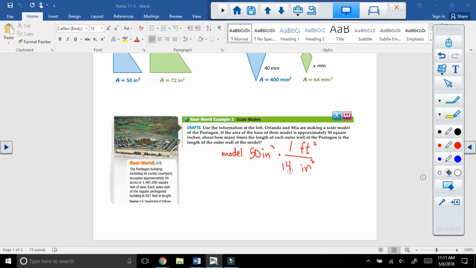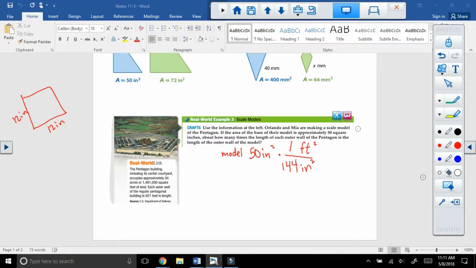How'd you get 144? 12 times 12. Yeah, because a square foot is 12 inches by 12 inches. This is why it doesn't just work to say it's the same scale. You'd have to square each part of that.